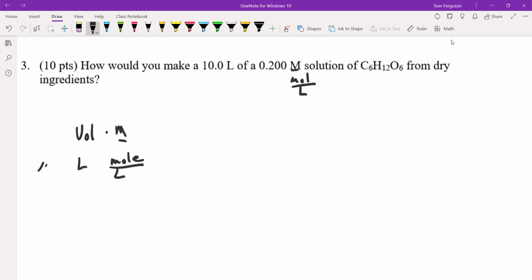We have 10 liters and 0.2 moles per liter. This will give us, right? No, it's 2.